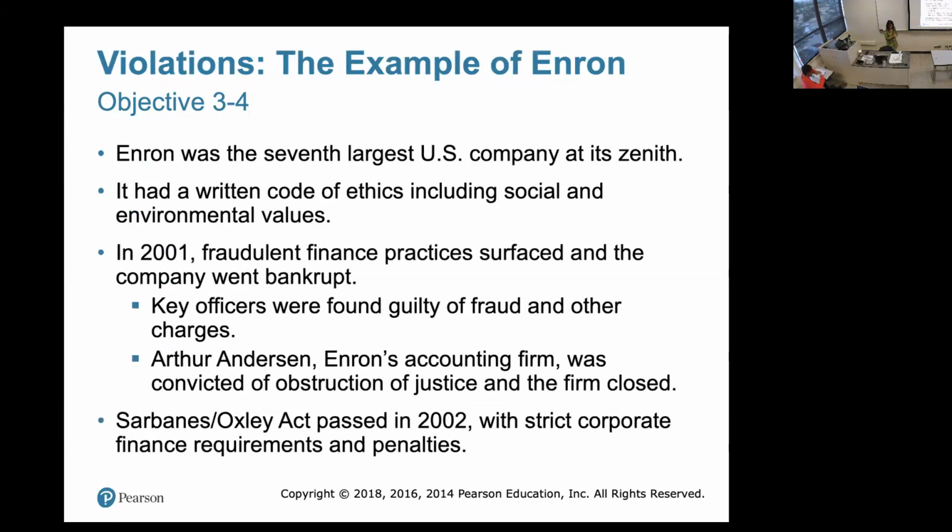Violations: most of you probably weren't alive when Enron happened. That was 2000, I think it was 2000 or 2001. It was a company like PG&E, right, an energy company. And they committed fraud with their finance practices.